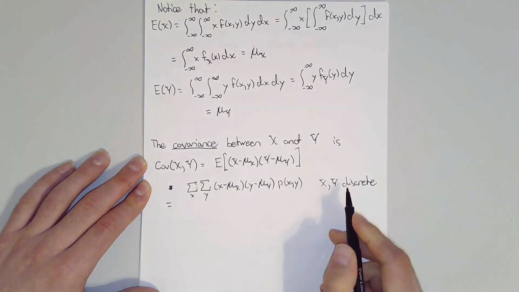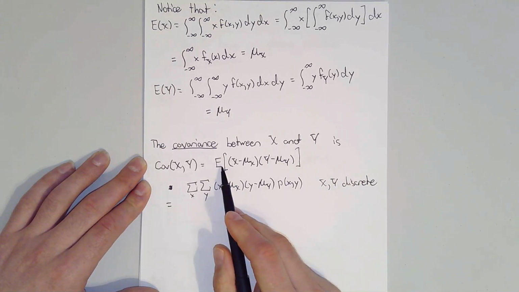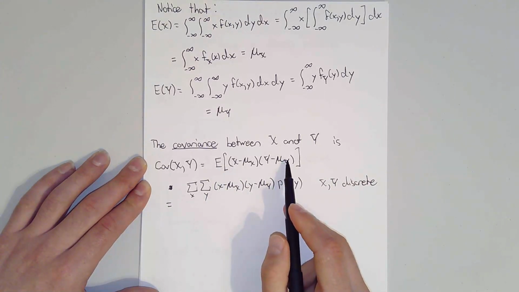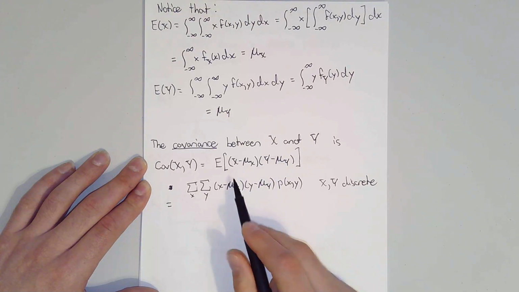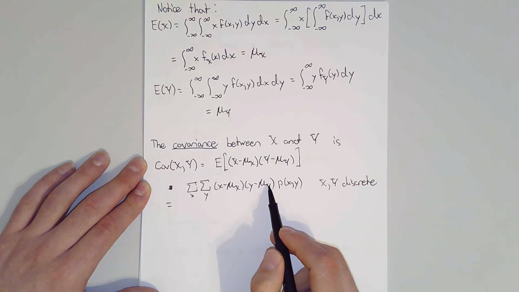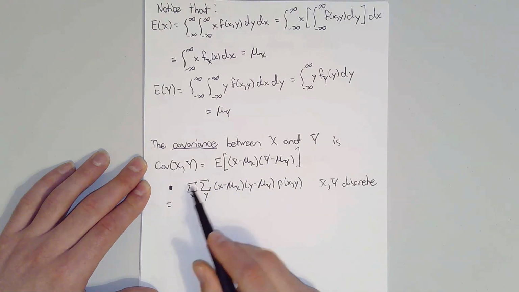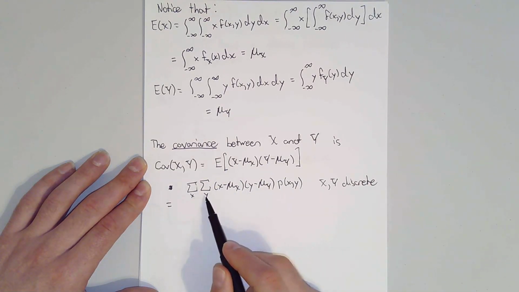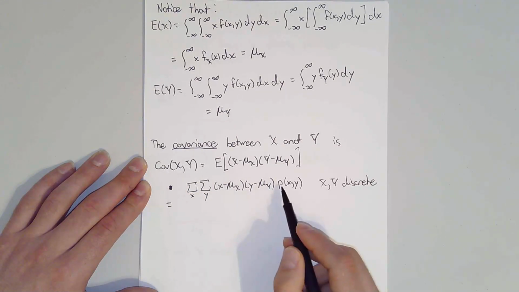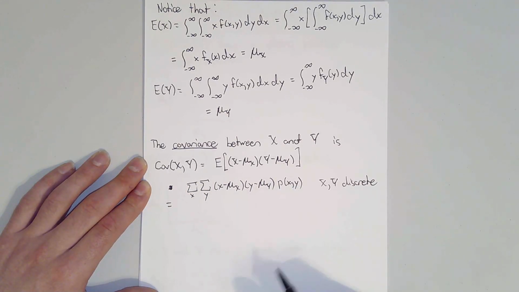So when x and y are discrete, we know the expectation of this function of x and y is the associated function of x and y, where we replace capital X and capital Y by little x and little y, and we sum over all possible little x and little y, and of course weight it by its joint PMF.